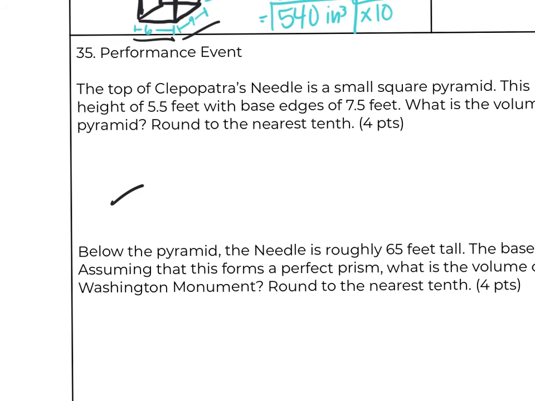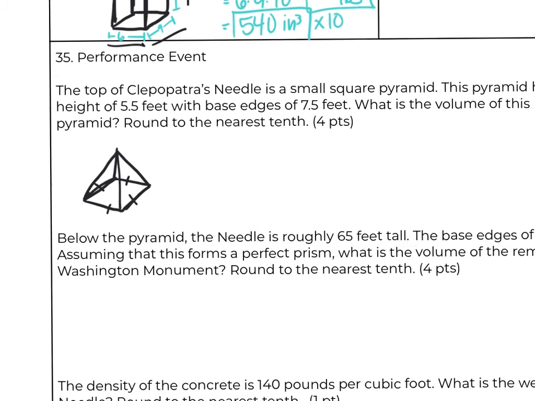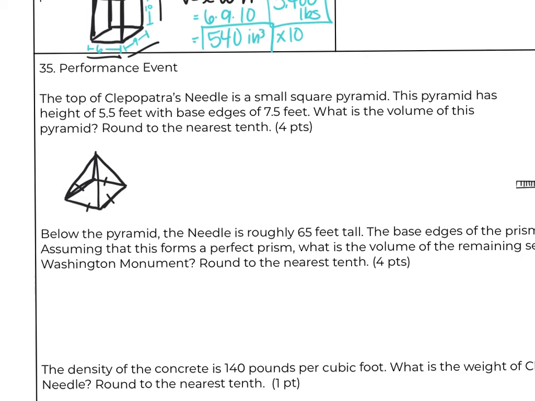Again, I like to draw it. So if it's a square, I'm going to draw it at an angle though. And then pyramid. So the bases then are all equal. So I'm trying to find volume, which equals 1/3 area of the base times the height. So the bases are 7.5 since they're congruent, and the height is 5.5.